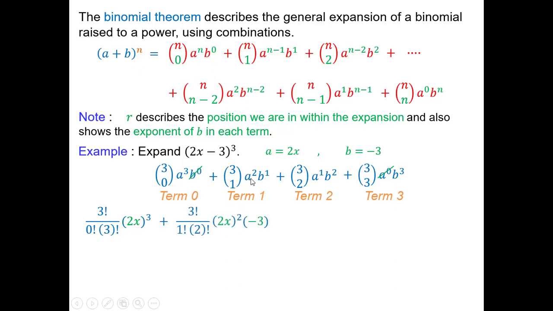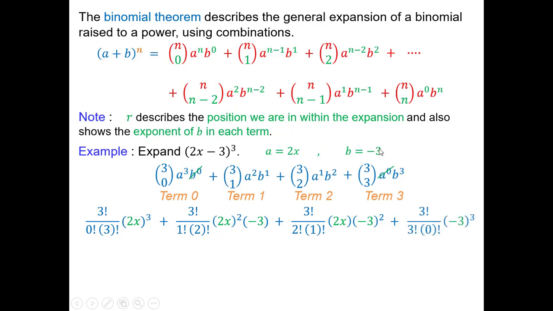Notice for the next term, a is 2x and b is -3, but now we write out our formula here. 3 factorial is on top, 1 factorial is in the bottom, and now I have 3 minus 1 factorial, which is 2 factorial. For the next term, a becomes 2x, b becomes -3, and my coefficient becomes 3 factorial over 2 factorial times 3 minus 2 factorial.